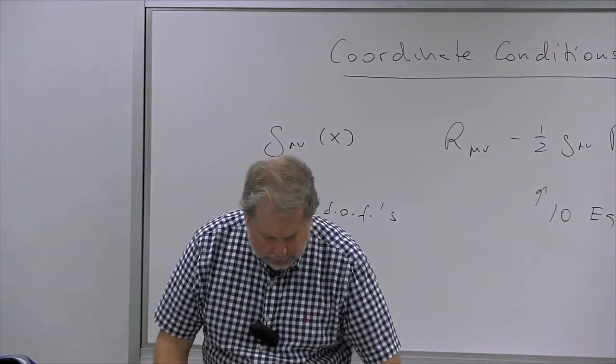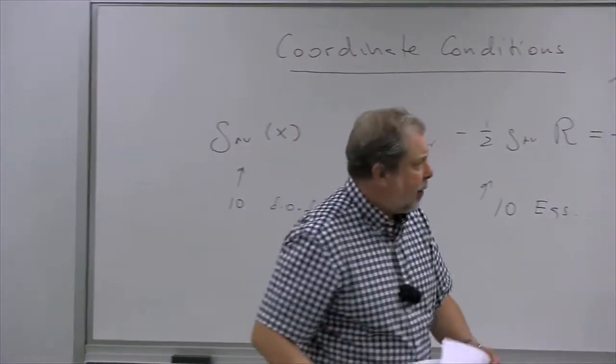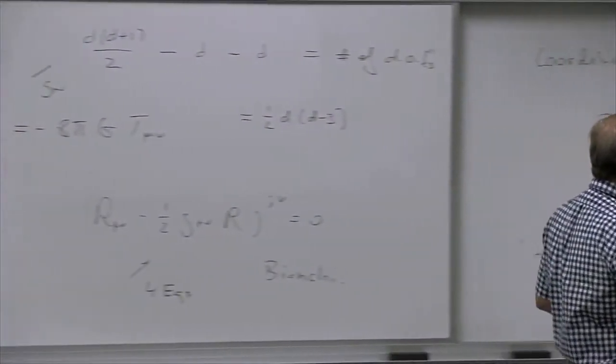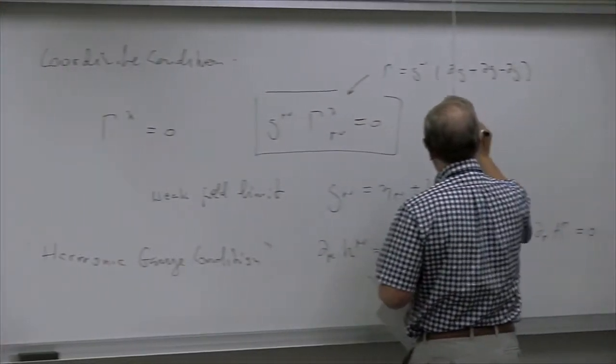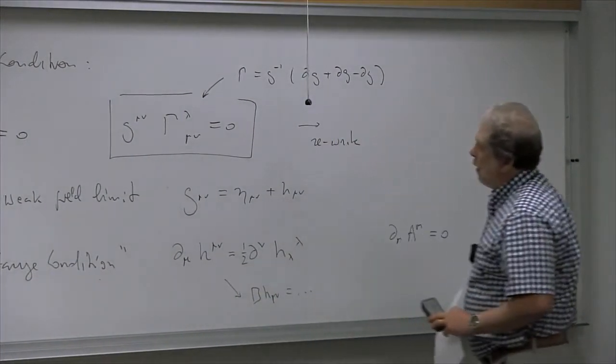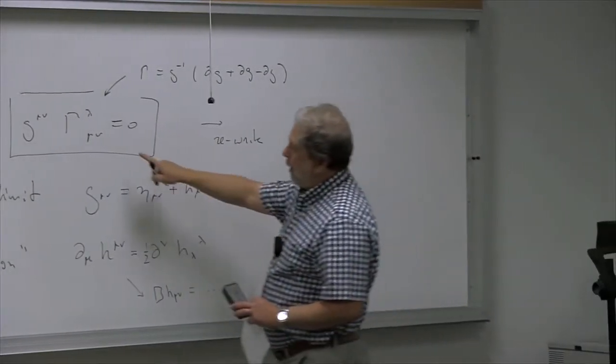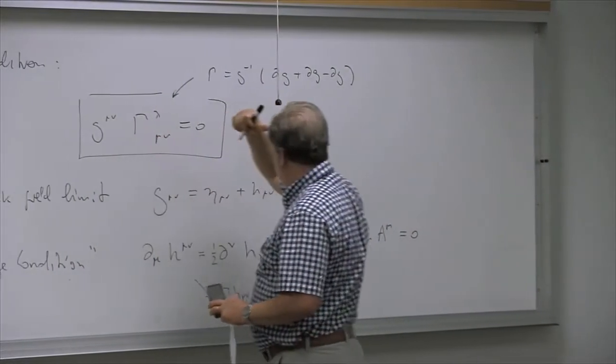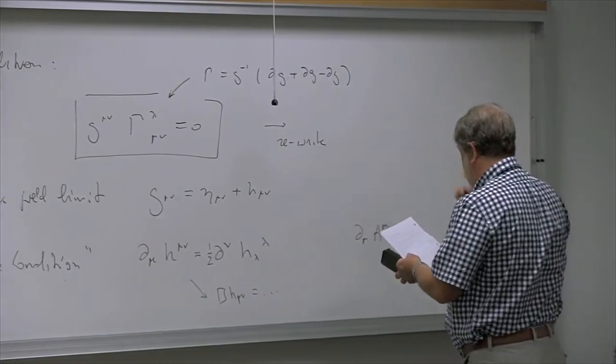So what else was I going to say? Oh, yes, there is one last item, and that is that you can rewrite this, because you are taking these indices and tracing them over. You can actually rewrite this as a divergence.